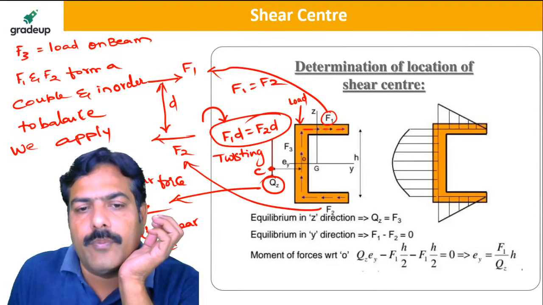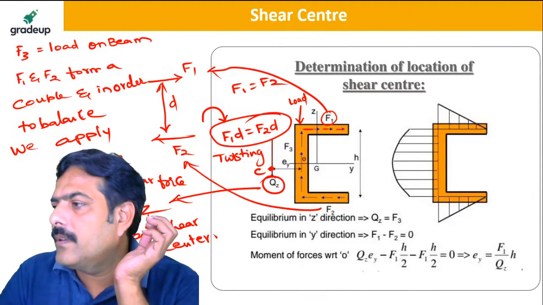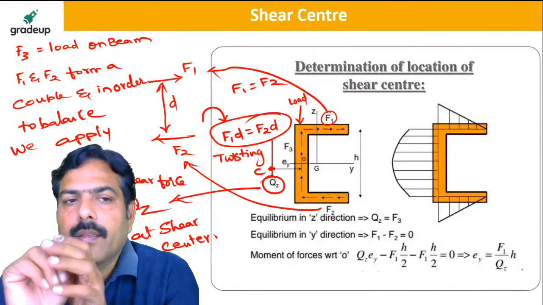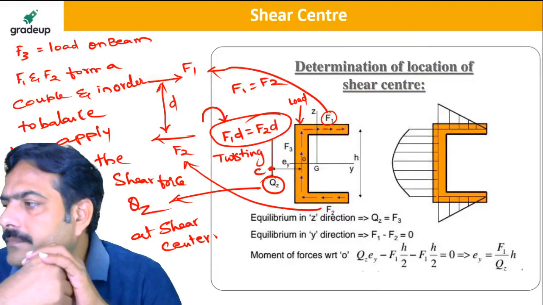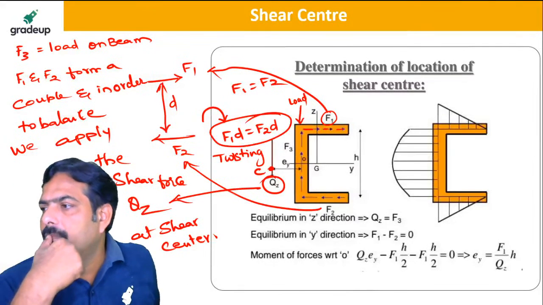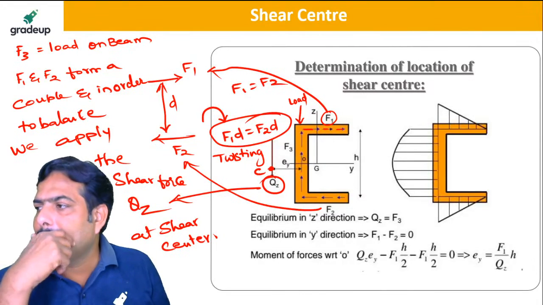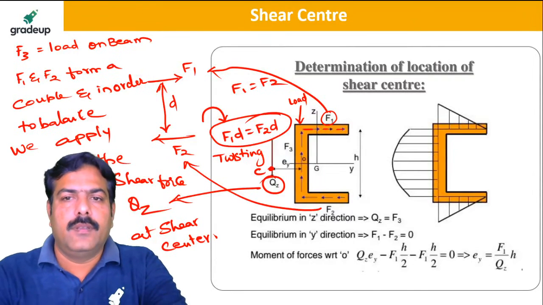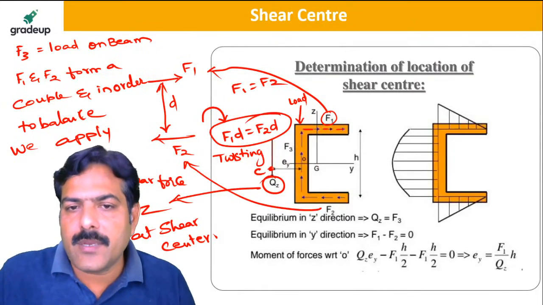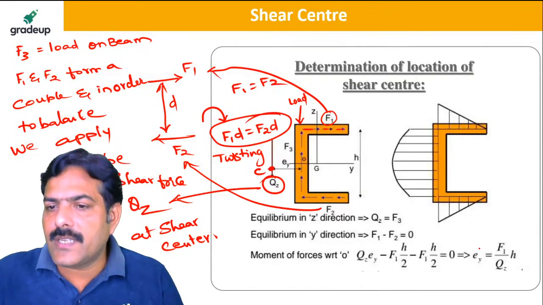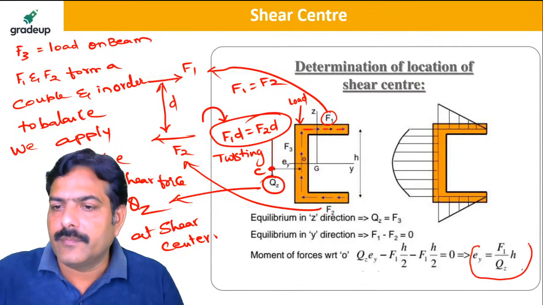Is it okay now? Is this clear now? So this is the point where the shear force is applied, and that point is called the shear center. And the distance at which it has been applied is this one. This is the formula.